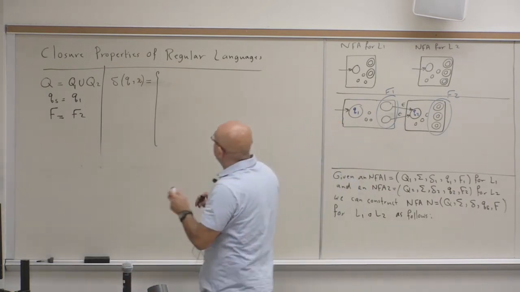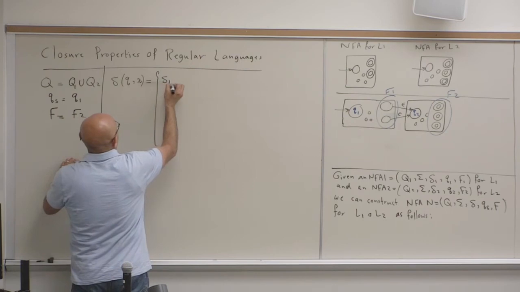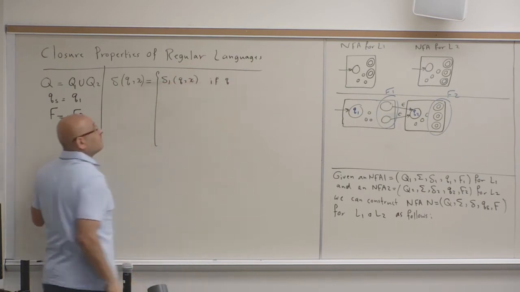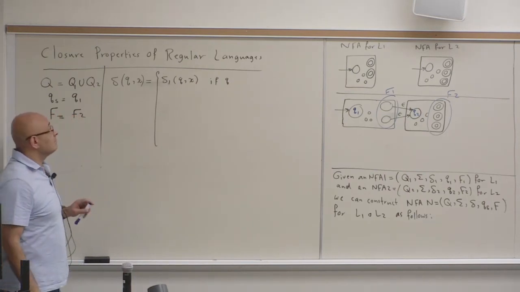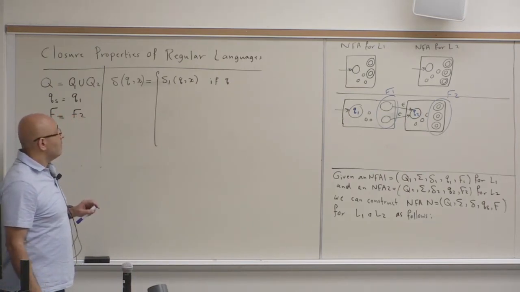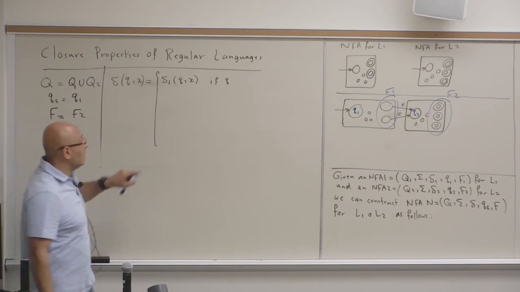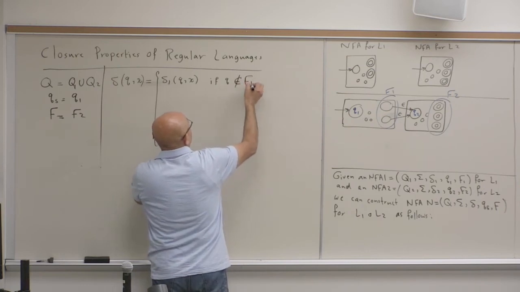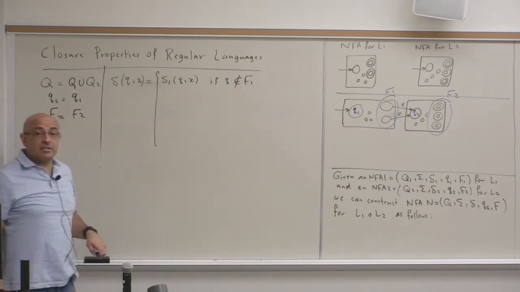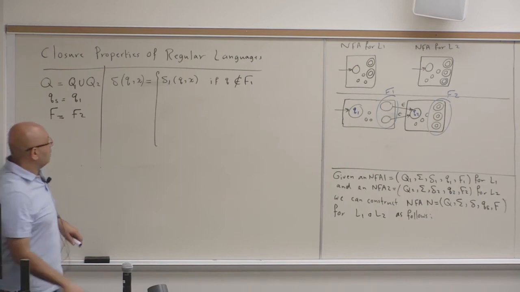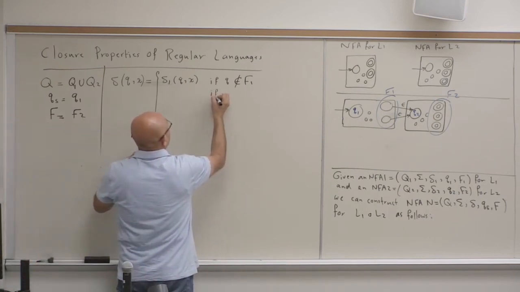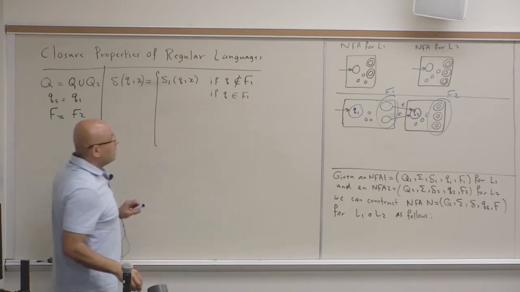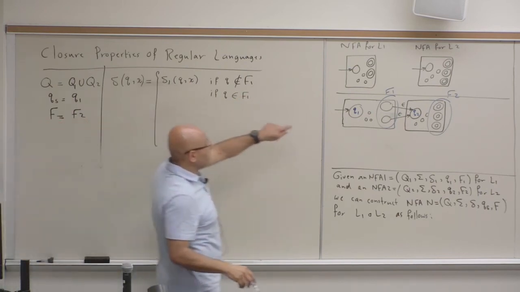So it's going to be equal to delta 1 of Q and X if Q does not belong to F1. Any state that does not belong to F1, the transitions stay the same. But what if Q belongs to F1? Now it depends on whether X is epsilon or not.